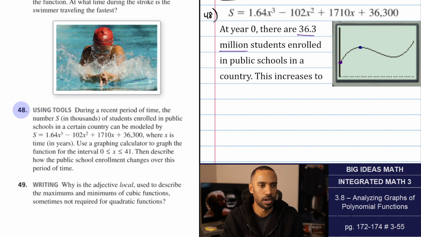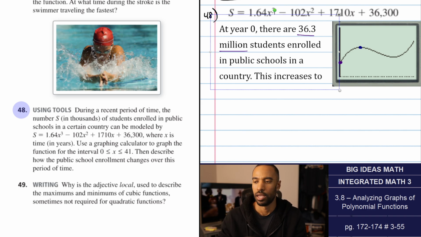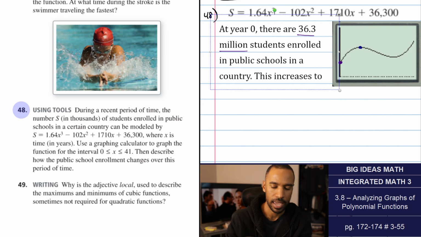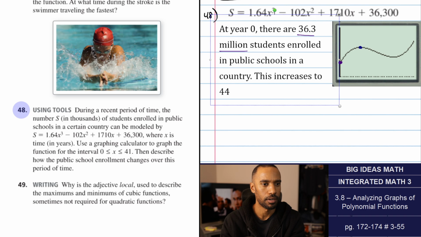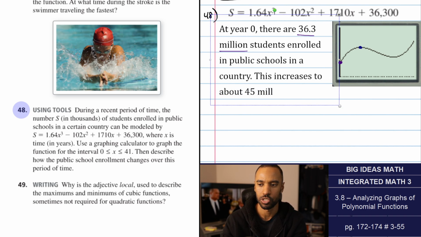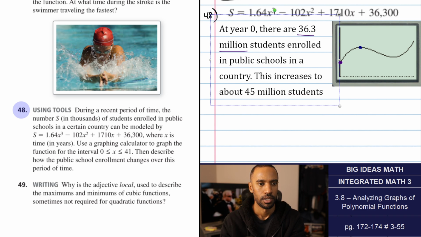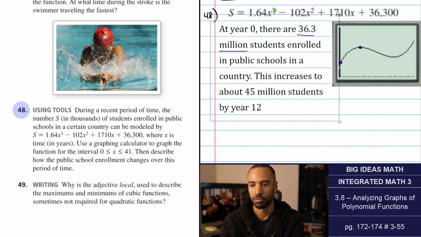So I'm going to do this over on my calculator. You don't really need to see it necessarily. So this goes from like 0 to 20. I'm just going to tell you what the numbers are. So this increases to, and now this number for Y is about 45 million. About 45 million students by year 12.